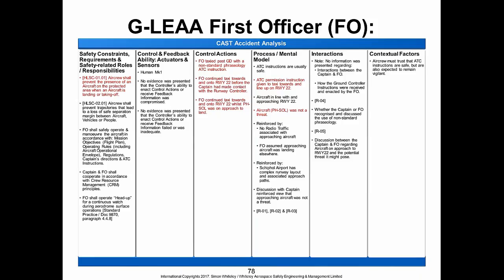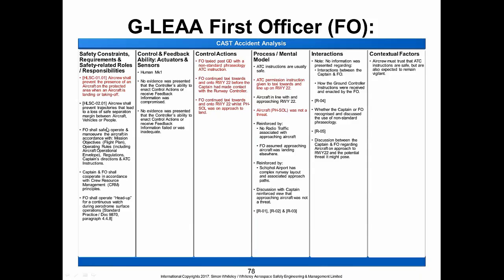So that's a standard safety requirement, a standard responsibility. And then also the first officer shall operate head up for a continuous watch during aerodrome surface operations. So that's a standard practice from the Runway Incursion Manual, Doc 9870.